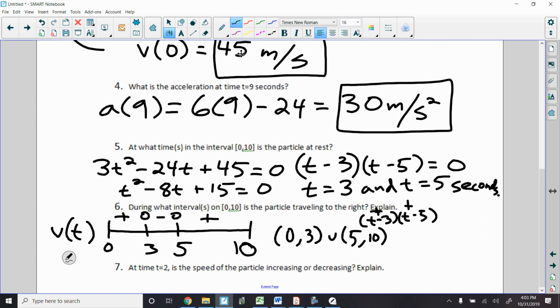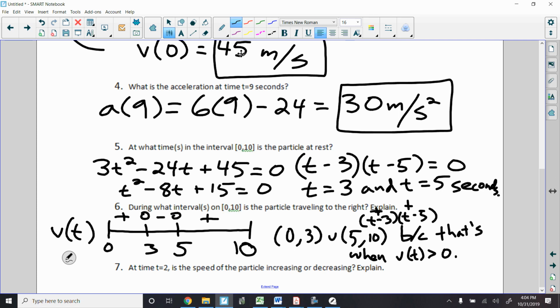And for my explanation or my justification, here's where in our justifications we need to get very specific. We want to say, because that's when v of t is greater than 0. Remember, make sure you reference v of t and not say that's where it's positive.